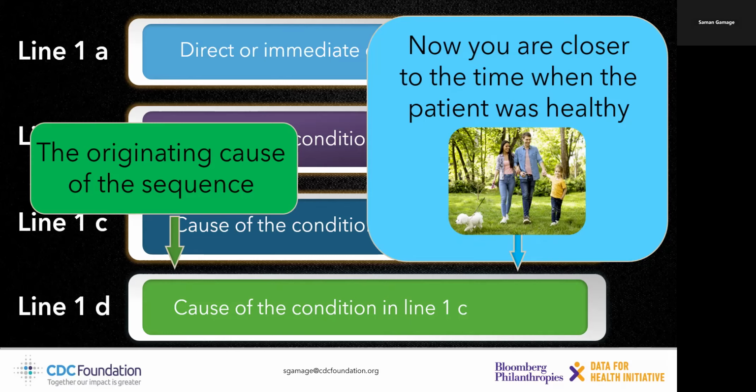So you go back in the history from the most recent condition to the most remote condition to report the conditions or diseases or morbid conditions in part 1 of the death certificate in a logical sequence.